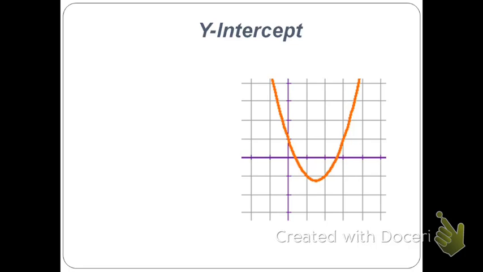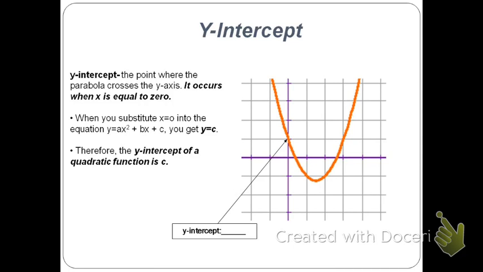Now, looking at the y-intercept, it's a little bit easier now. Here's a crucial element: the y-intercept is the point where the graph crosses your y-axis.